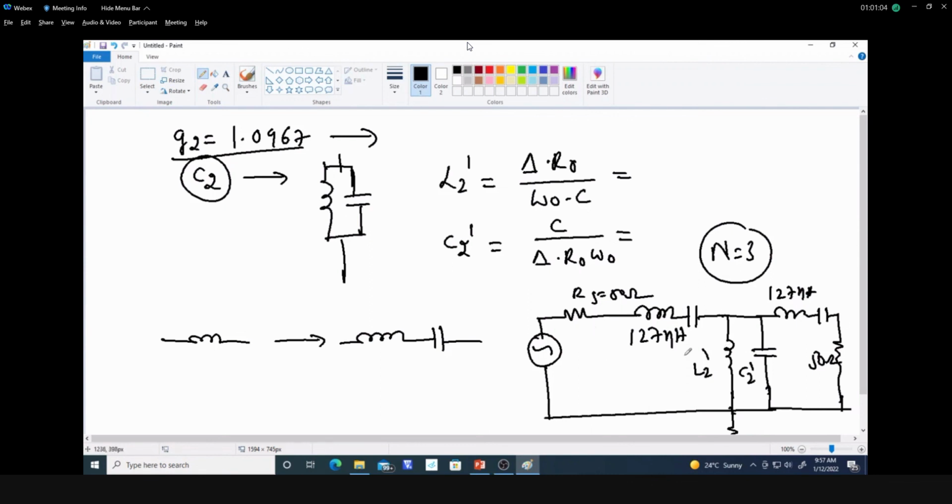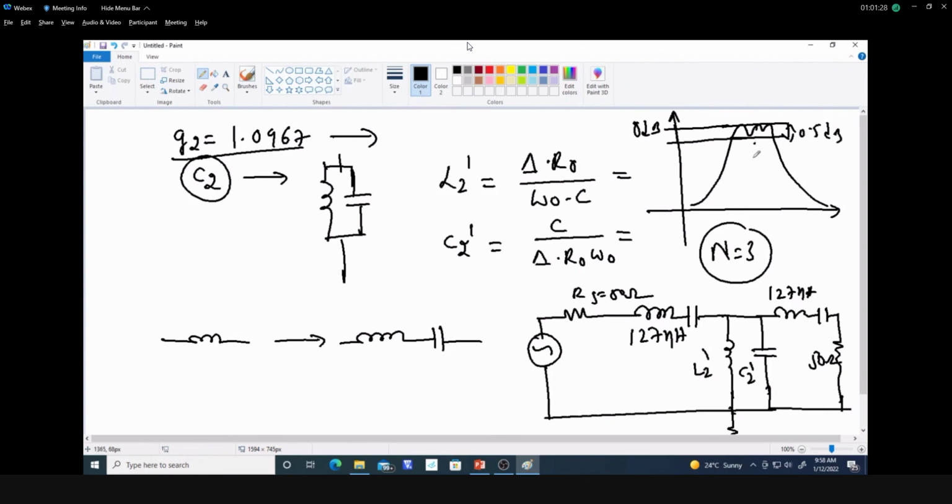So this is the band pass transformation; those values you need to find out yourself. And we can write the response like this. We have the band pass filter response with the 0.5 dB ripple here. This is 0 dB and this ripple is 0.5 dB, and the center frequency is 1 gigahertz.